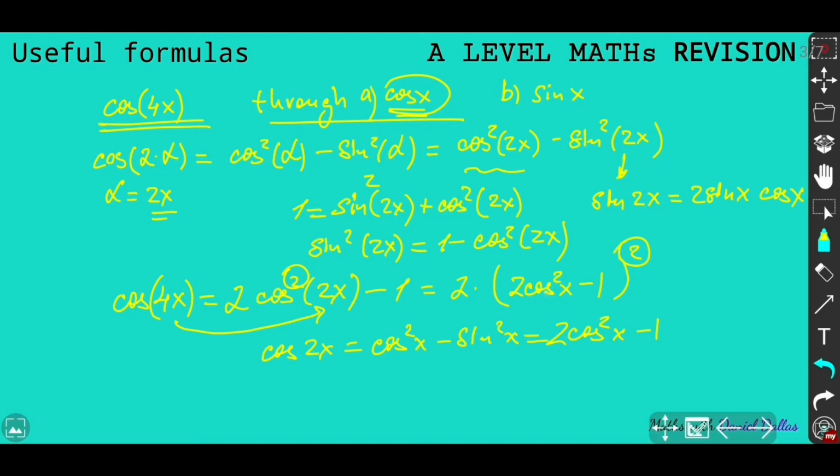As you can see, you are left with the cos function. And finally, you take away 1, okay? So finally, cos 4x is going to be equal to... Now you just need to raise to the power of 2 and also expand the brackets, but I'll do it step by step.